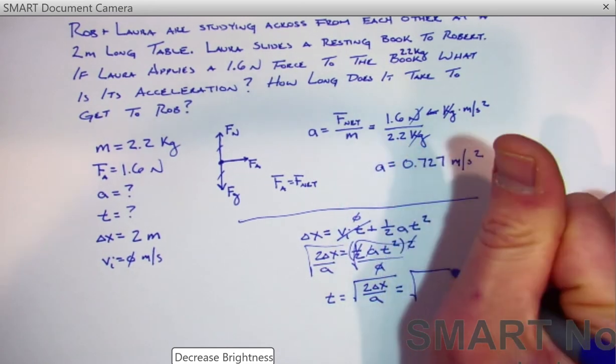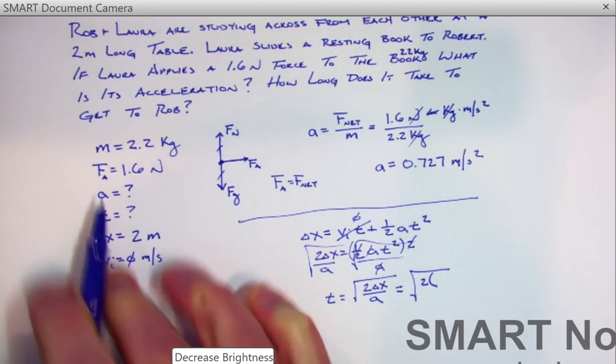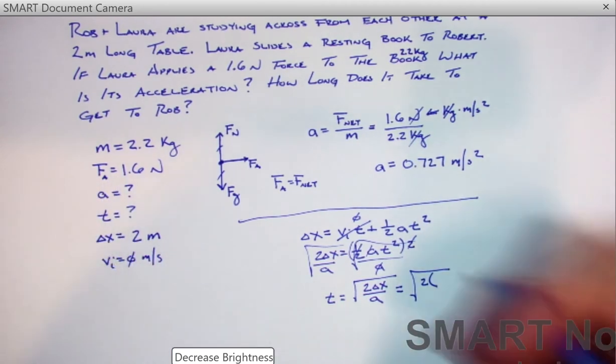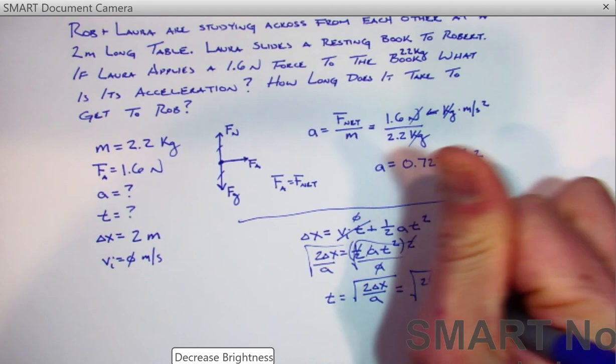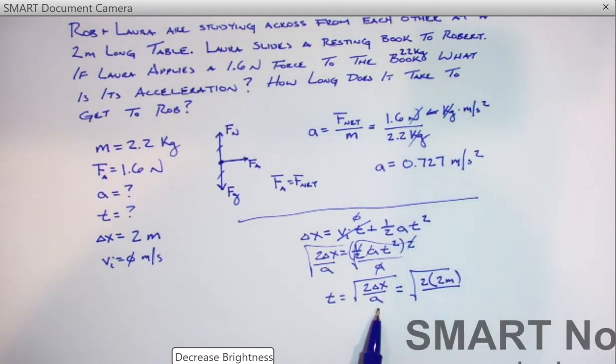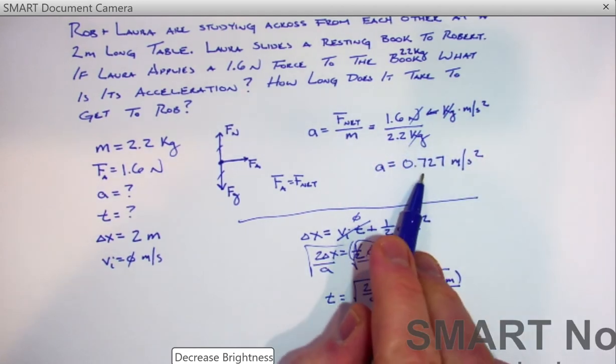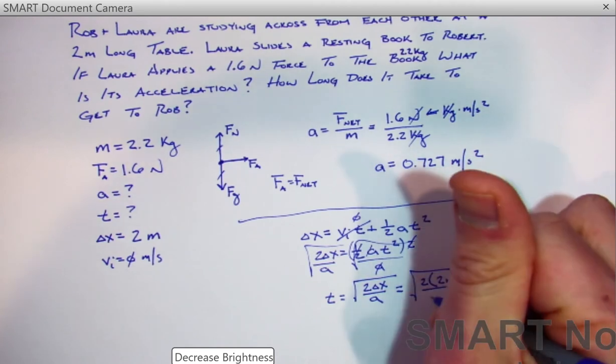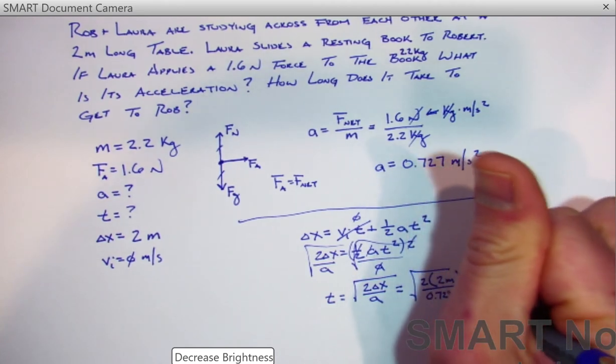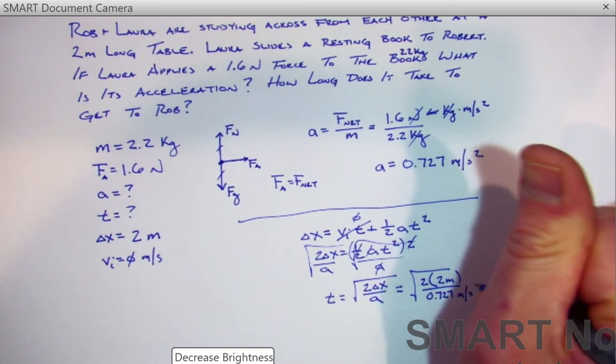So the square root of 2 times the displacement of the book, we know the table is 2 meters long. And we just figured out that the acceleration of the book is 0.727 meters per second squared.